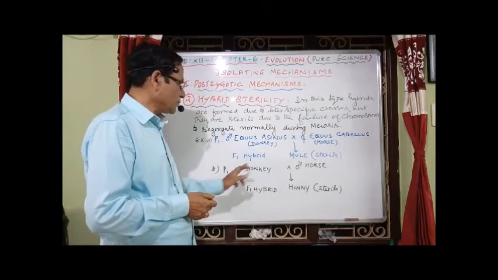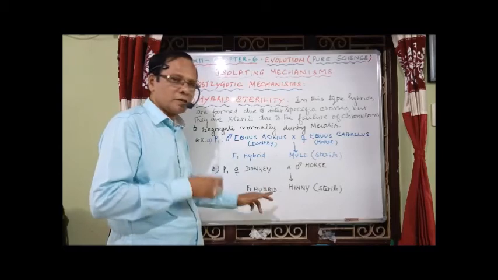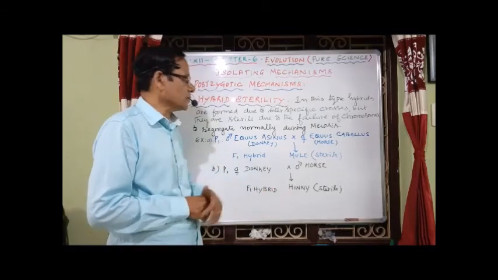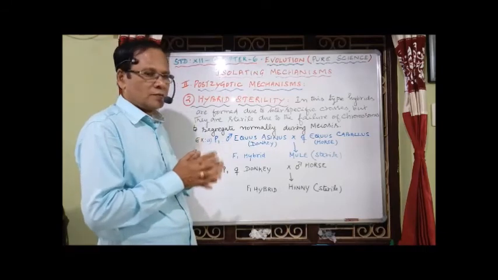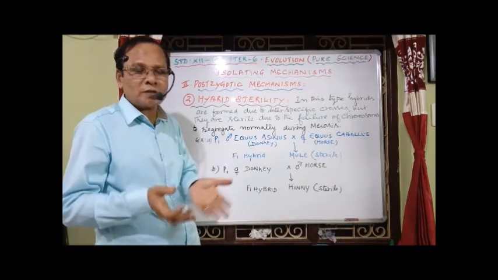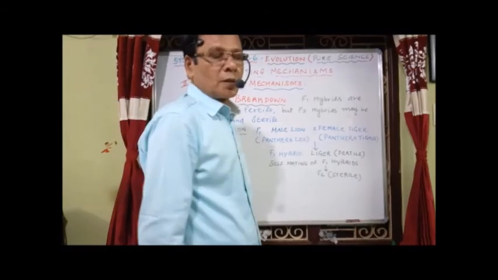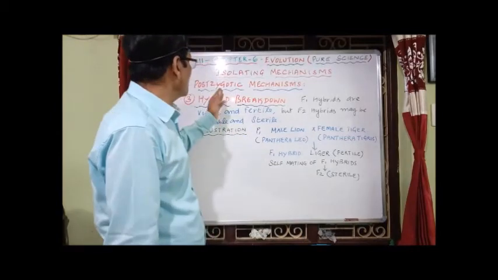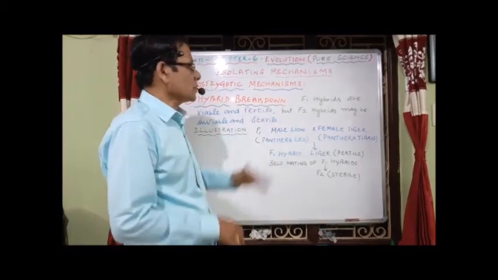The cross between a female donkey and a male horse results in an F1 hybrid which is sterile, called a hinny. This is the best example for hybrid sterility. F1 hybrids are formed, but they are unable to reproduce because of the failure of the chromosomes to segregate during meiosis.